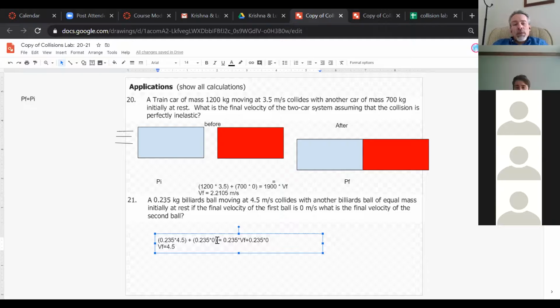So did it lose any kinetic energy? The speed didn't change. No. So this is actually what kind of collision?